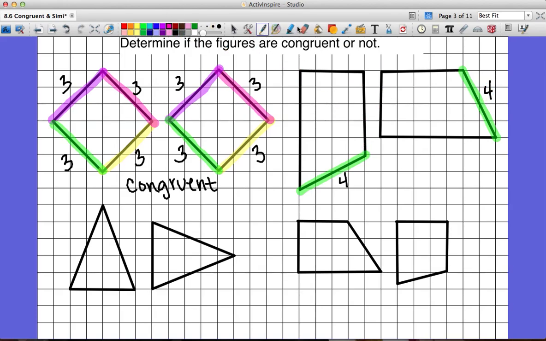Up here we have the top part of the trapezoid, and here's the top part of the trapezoid. This one is 1, 2, 3, 4, 5 units long, and this one is 1, 2, 3, 4, 5 units long.